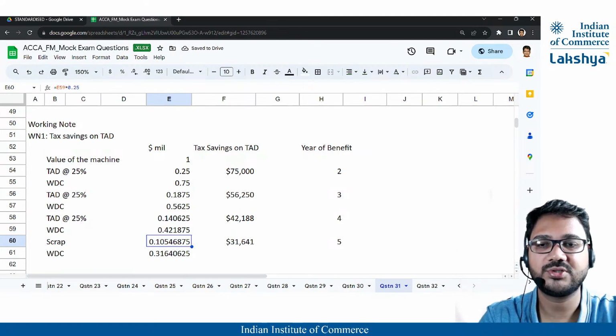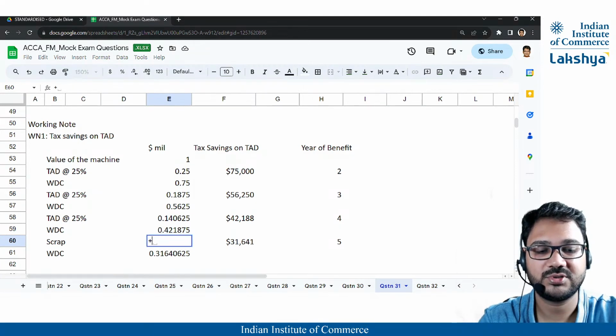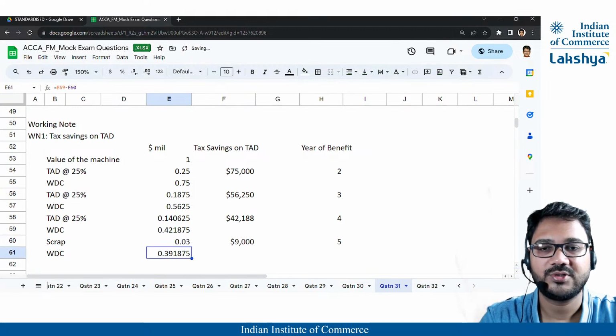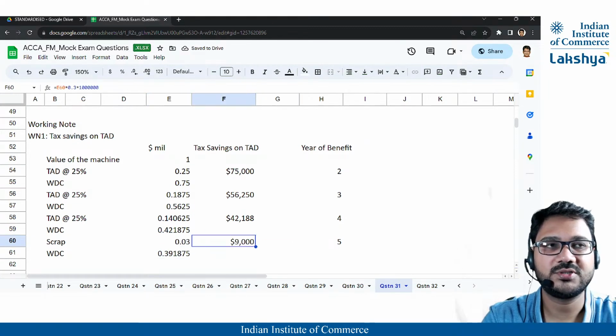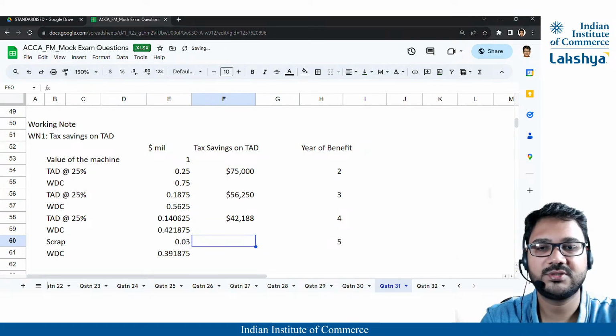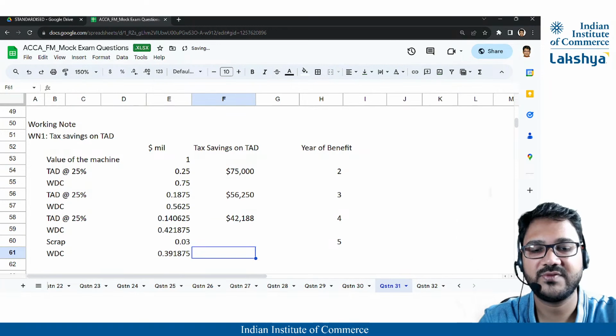So you can just write $30,000 divided by in a million terms. Okay. So $9,000 is what we can, no, not on this. We'll do it on the balancing figure. So whatever we did is for this.